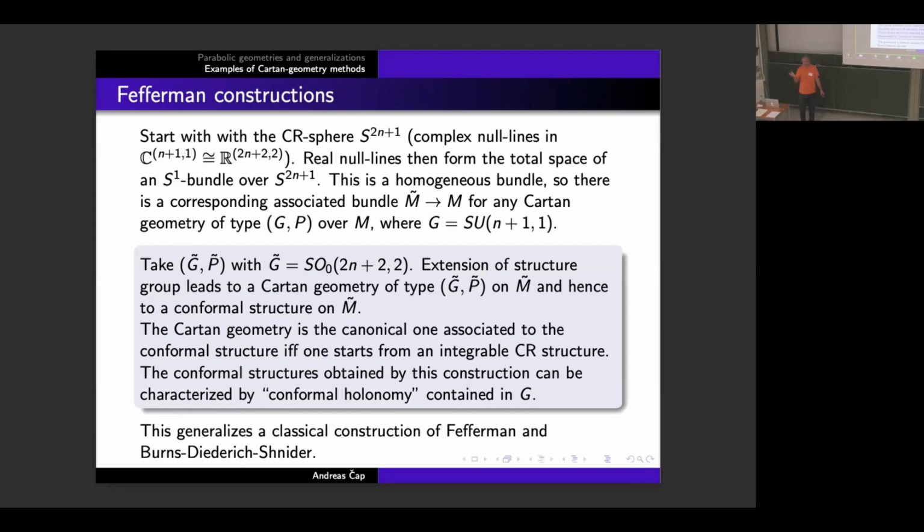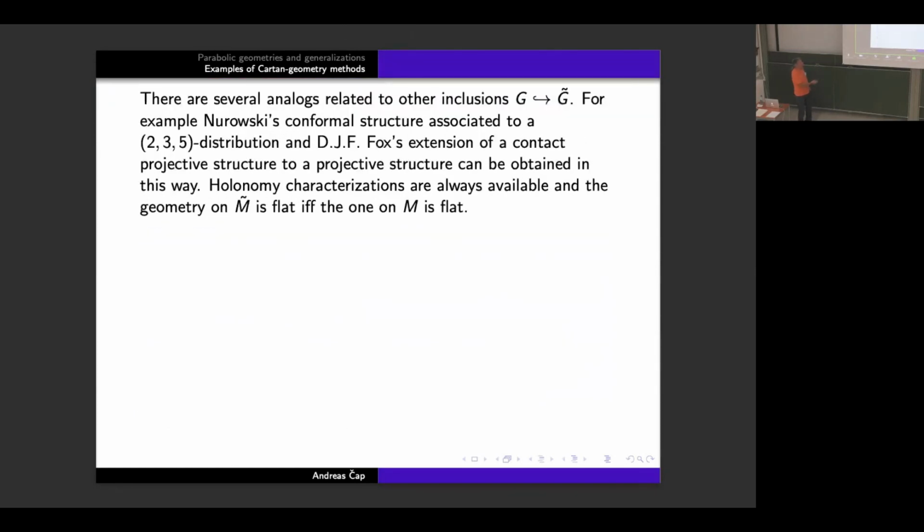This is the reason why this Fefferman construction is there. And if you look at it from that point of view, you find out many other inclusions between semi-simple Lie groups that form the basis of such constructions. And this is in the beginning of the next slide. So there are other inclusions of that type.